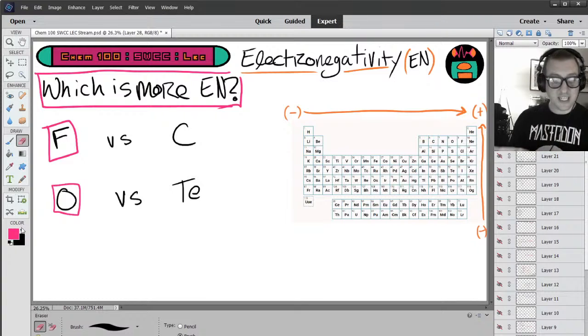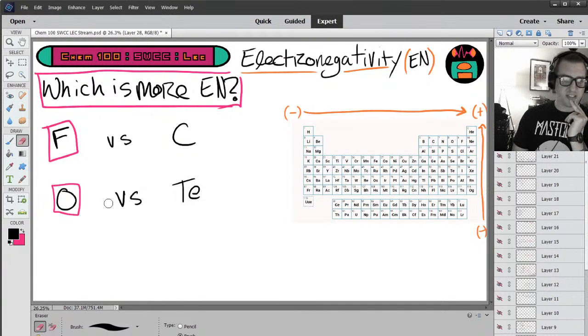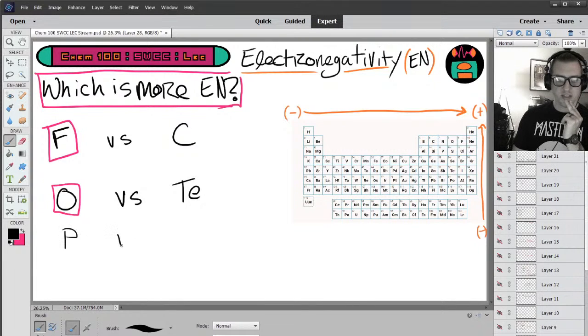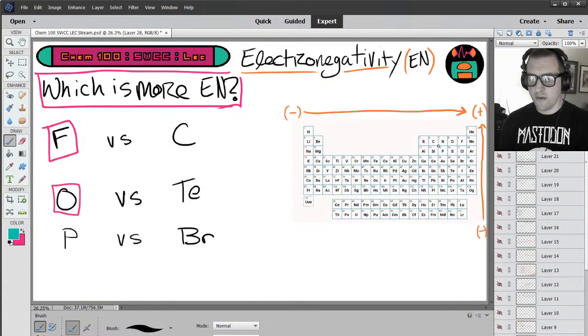Where things get dicey is when they're placed differently. So, for example, if I ask you, what is more electronegative? Phosphorus or bromine? Phosphorus is here, bromine is here.